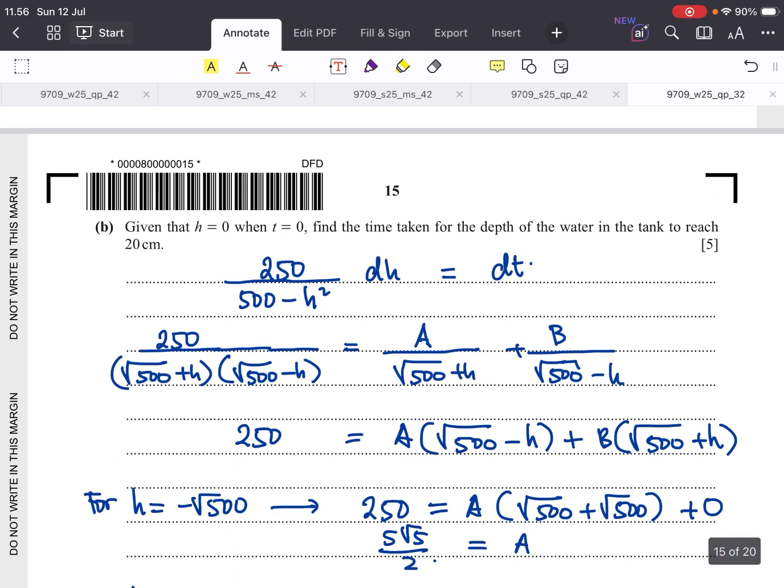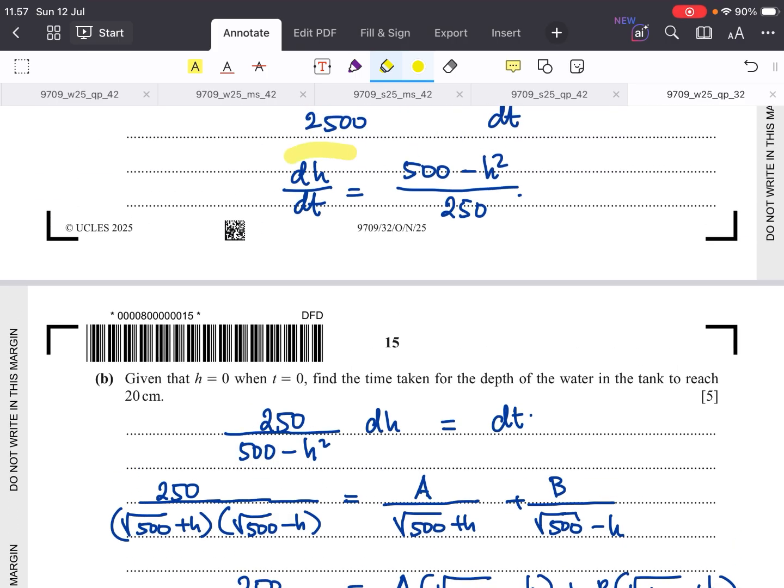And then B. Given that h equals 0 when t equals 0, find the time for the depth of the water in the tank to reach 20 centimeter. So we have this one, dh over dt equals 500 minus h square over 250.